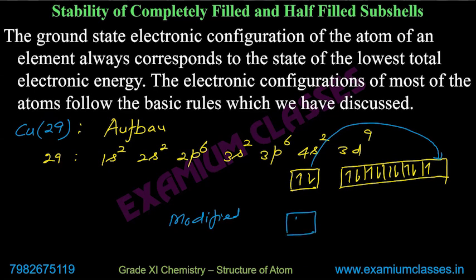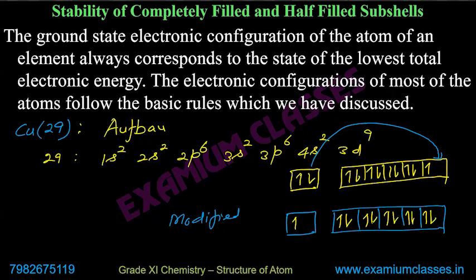Now the modified configuration is you have only one electron here because one electron moved, and in D now you have all electrons in pairs, means fully filled. In case of chromium, D subshell was half filled, one electron each in each orbital. Here it is fully filled, more stable.